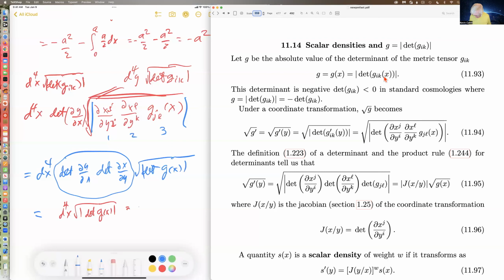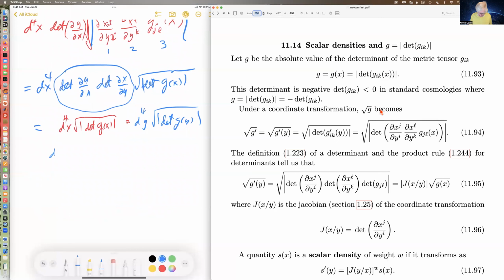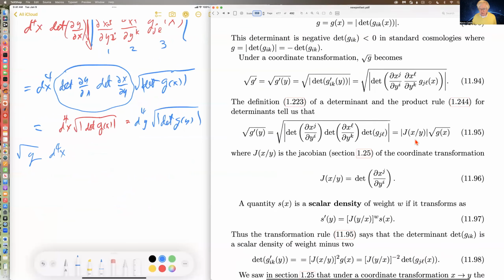It's the same thing as d^4y square root absolute value determinant g of y. Okay. So that's why we have this, and the way I write it once again is d^4x square root of g, because I use g as the absolute value of the determinant.